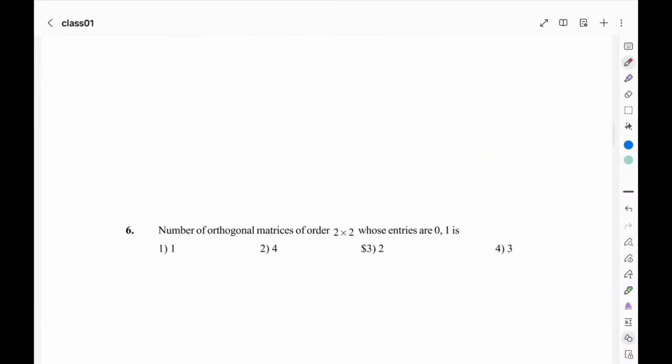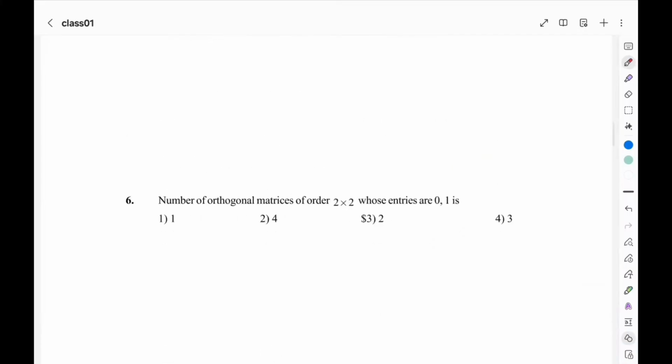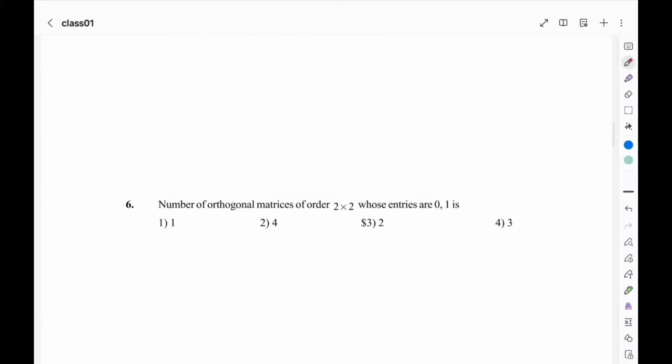So here it is the number of orthogonal matrices, which I already defined. What is an orthogonal matrix? A into A transpose is identity. So he said 2 by 2 particularly. A, B, C, D is a given matrix.